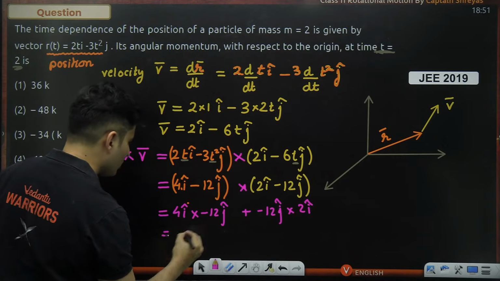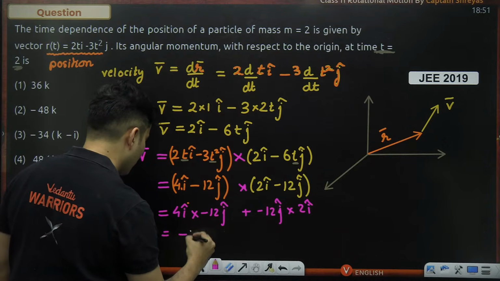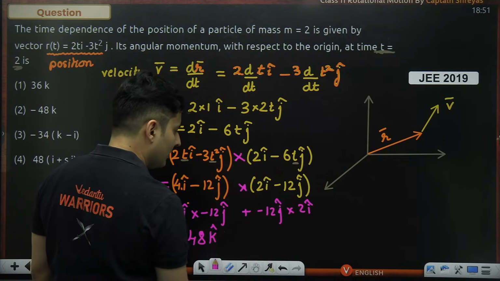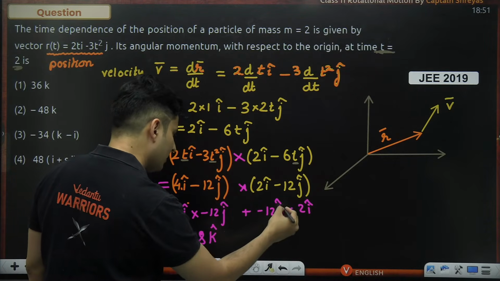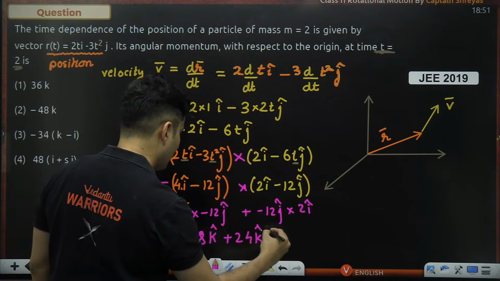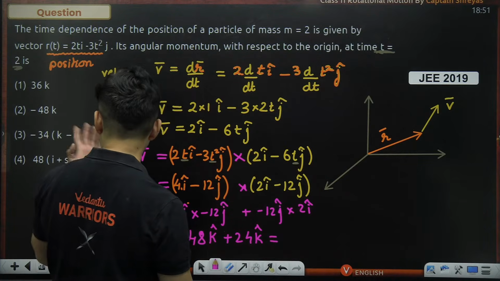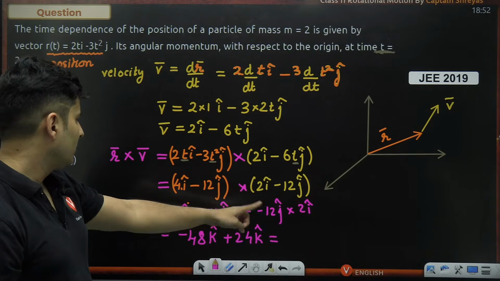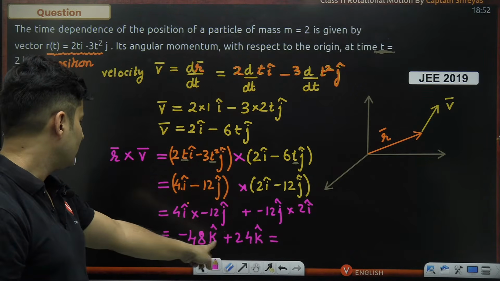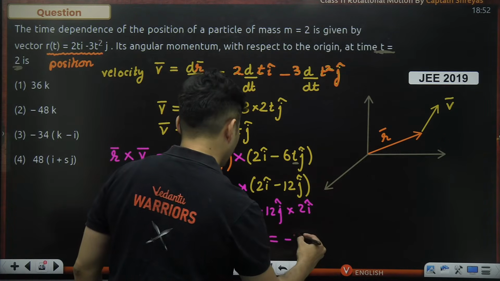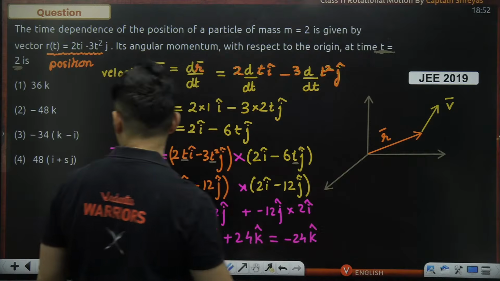So 4 into 12 is 48, so minus 48, and this will be k cap, and 12 twos are 24, but with minus and minus it will become plus, so 24 k cap. So minus 48 plus 24, is that right? 4 twelves are 48, 12 twos are 24. Yes, minus 48 plus 24 should make it minus 24 times k cap.